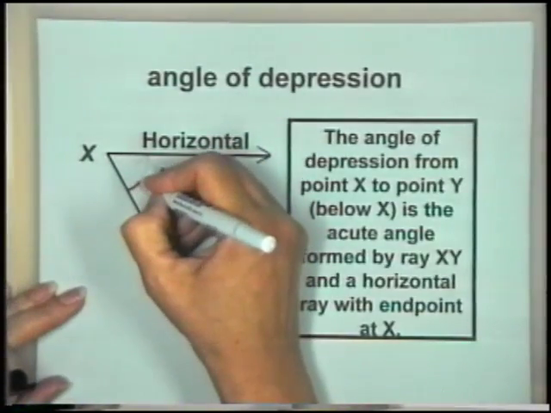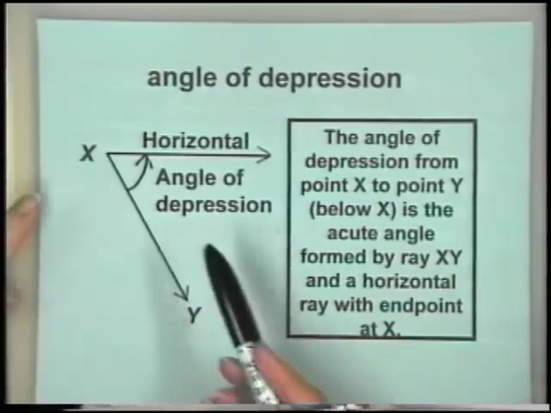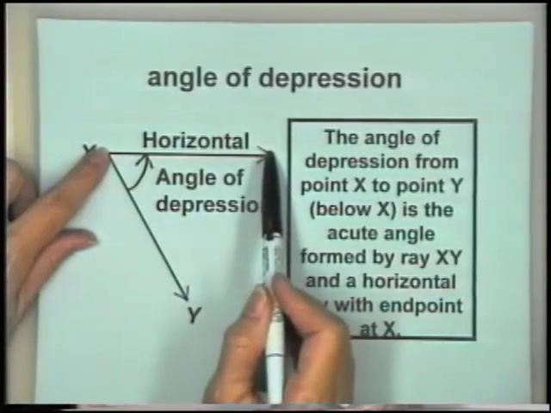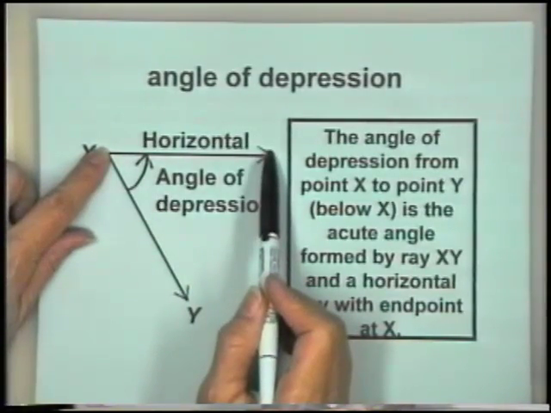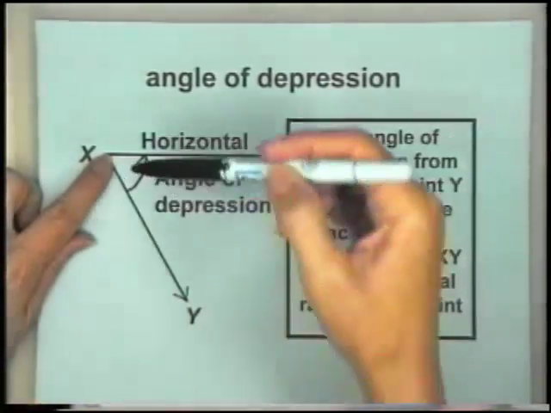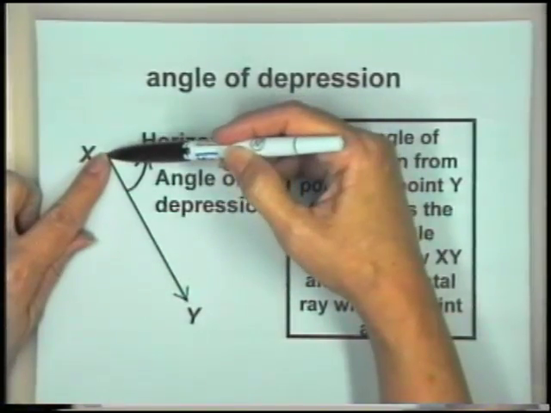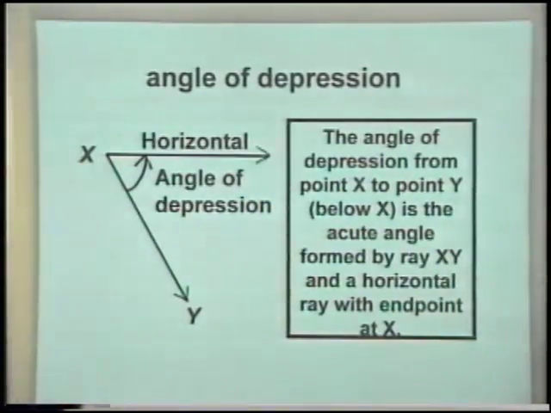So the angle of depression is this angle right there, the angle created between this line that would be up here with point A but parallel to the ground, and the ray that would run from point X to point Y.